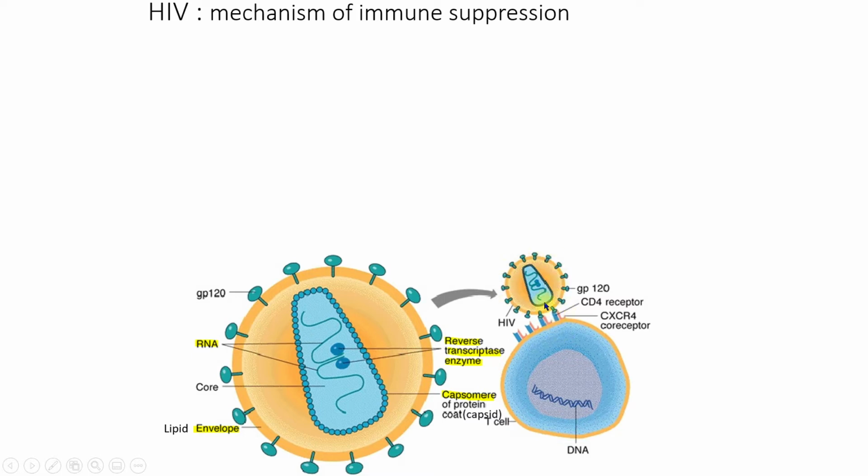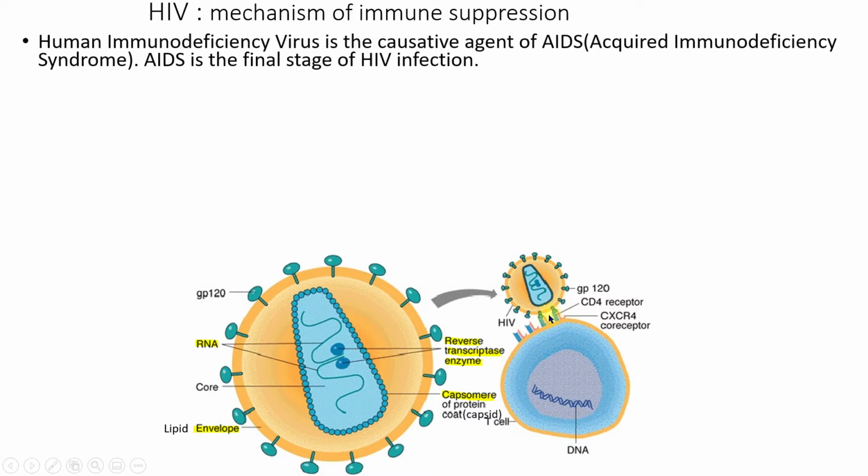Now class, for HIV to bind completely with a helper T cell, the receptor on the lipid envelope of the HIV must bind with the CD4 receptor and the CXCR4 co-receptor on the helper T cell.